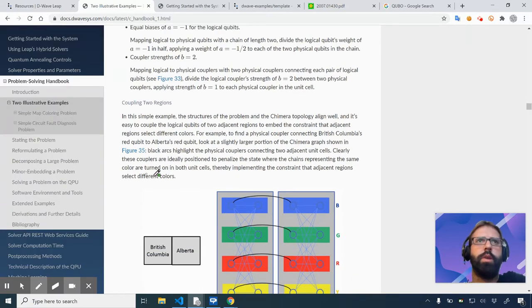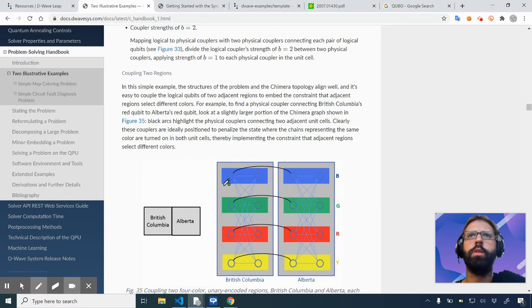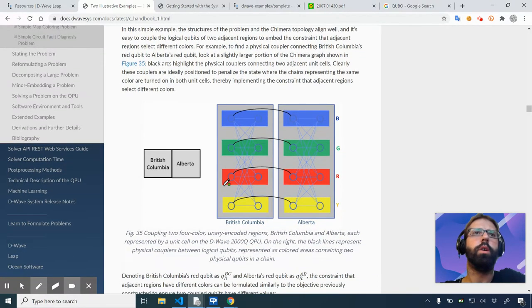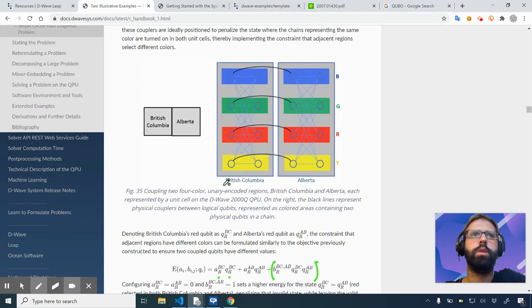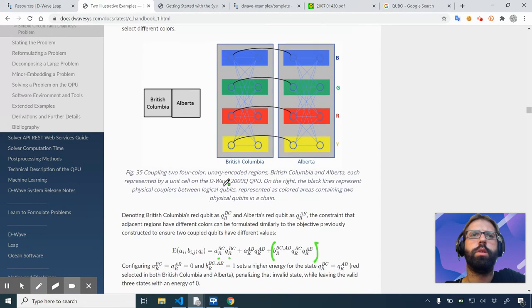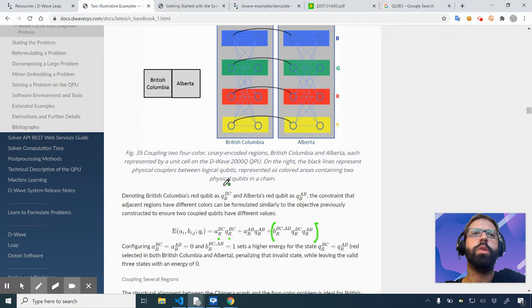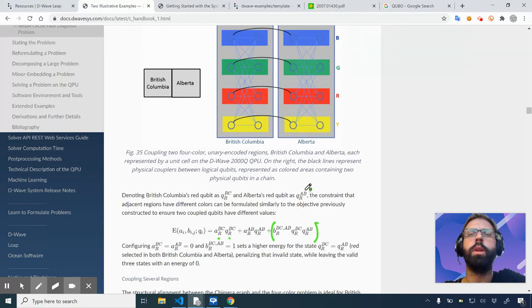Clearly, these couplers are ideally positioned to penalize the state where the chains representing the same color are turned on in both unit cells, thereby implementing a constraint that adjacent regions select different colors. Denoting British Columbia's red qubit as Q_R^BC and Alberta's red qubit as Q_R^AB, the constraint that adjacent regions have different colors can be formulated similar to the objective for the chain.